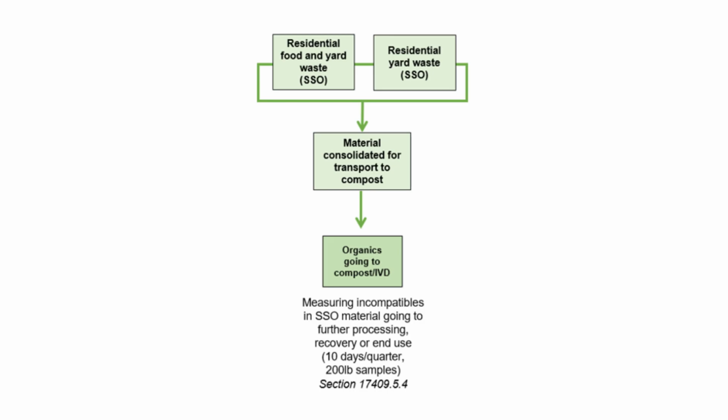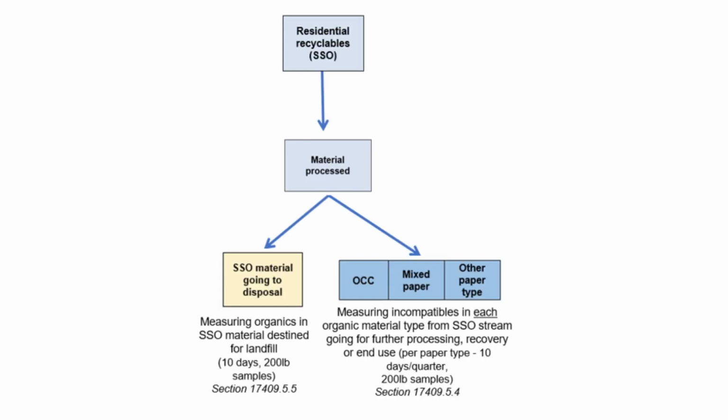Now we're going to move on to the next stream on the right, the blue bin residential recyclables that Trash City receives. This material is processed at Trash City. They generate 3 organic material types. They make bales of OCC, otherwise known as cardboard, mixed paper, and the occasional white office pack.